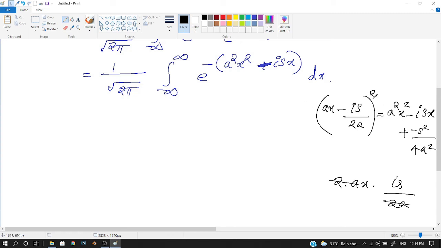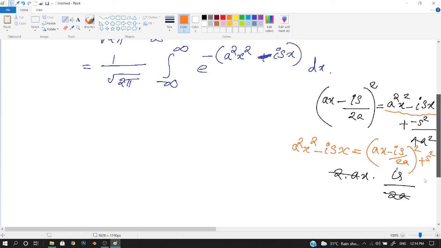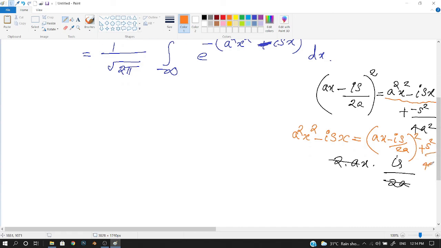Now here you can see that the term a square x square minus isx is here. So we can write a square x square minus isx, instead of that, as ax minus is divided by 2a the whole square, then plus s square by 4a square.